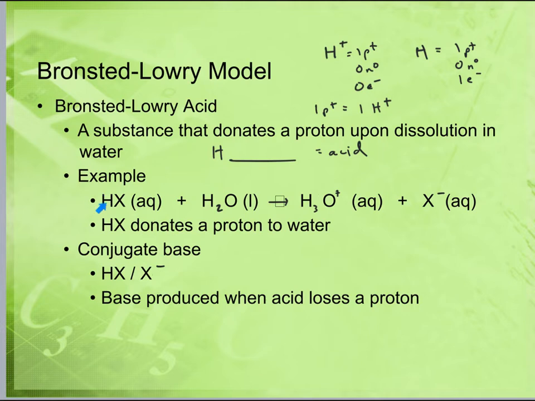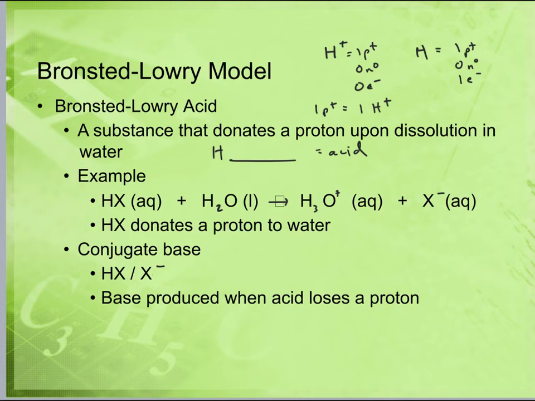It's just saying that this H, which we are really thinking of as a proton instead of a hydrogen, plus water, is going to produce this hydronium and this X anion, whatever X is. It will have a -1 charge because it's losing the proton, the +1 charge, to the hydronium. So HX donates this proton, in the form of what looks like a hydrogen, to water.